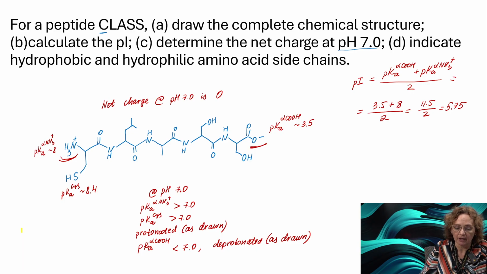So let me highlight my hydrophilic groups using a yellow highlighter. I'll start with serine. It definitely has OH groups that would be polar. Neither alanine nor leucine has such groups, but cysteine is also considered a polar amino acid because it has that SH group that can be partially deprotonated even at pH 7, right?